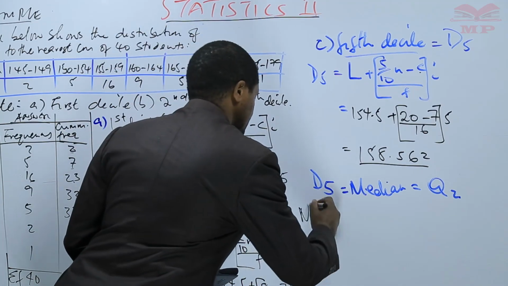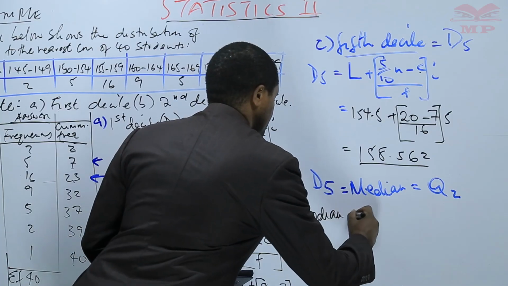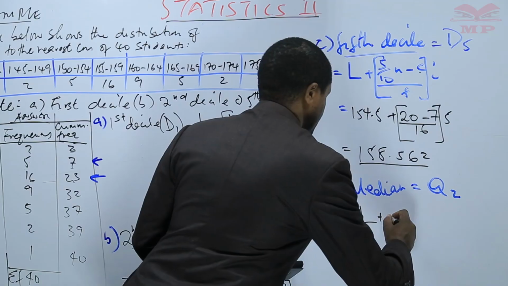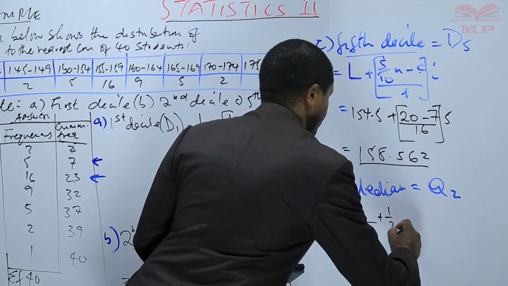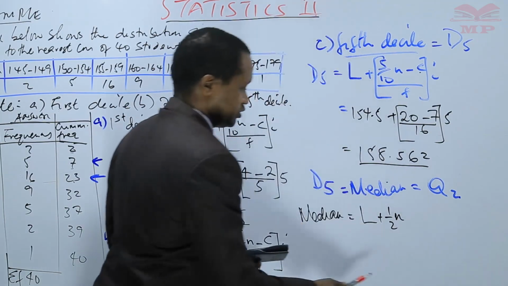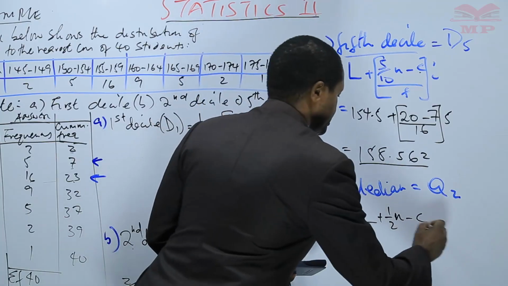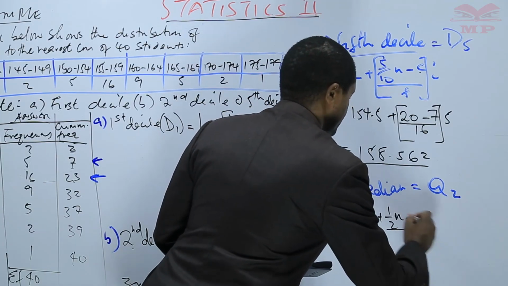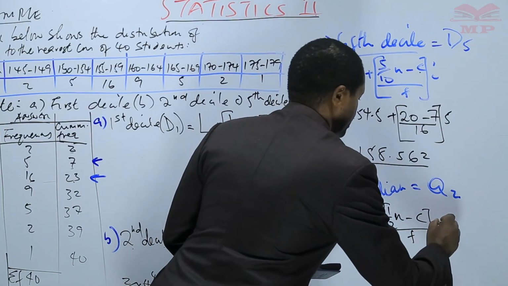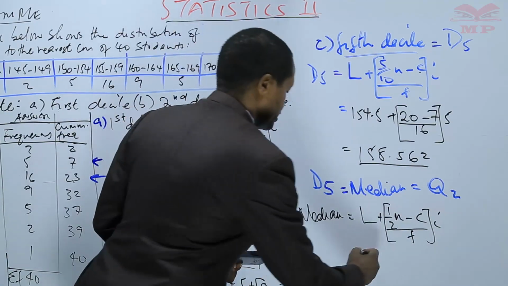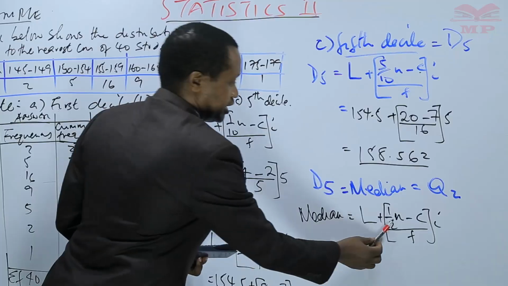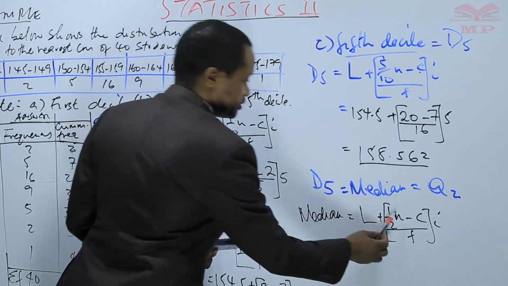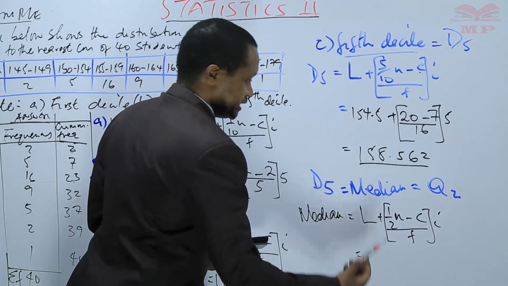The formula for median is L plus a half N minus C over F times I. A half times N is a half times 40, which is equal to 20.